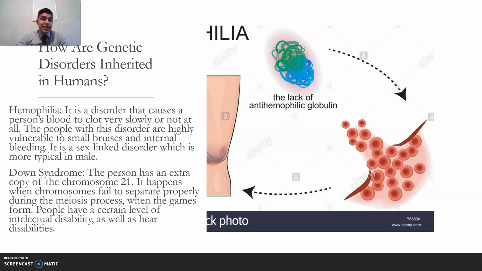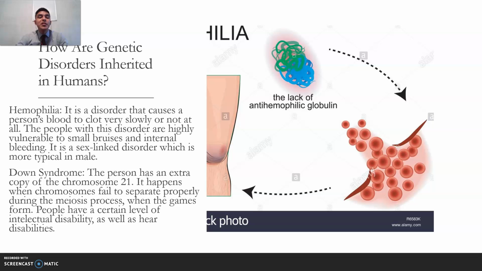We also have another example, which is Down syndrome, where the person has an extra copy of chromosome 21. Remember that our chromosomes are always in pairs, but people with Down syndrome don't have a pair of chromosome 21; they have three copies of chromosome 21. It will be like a triplet.